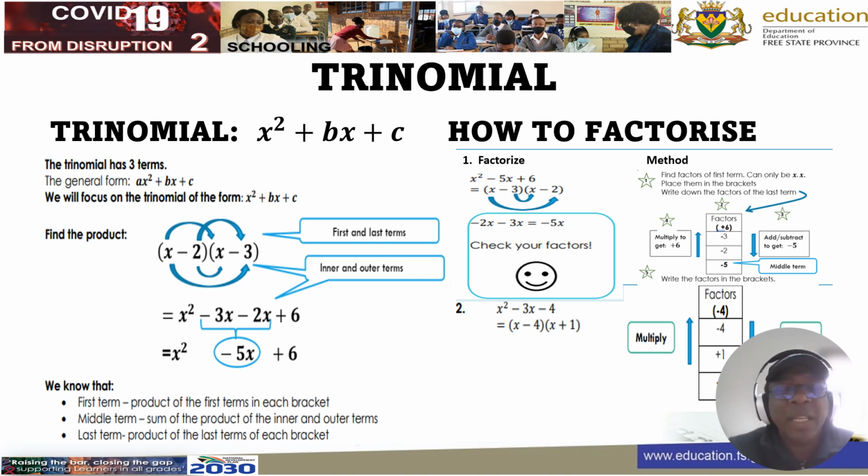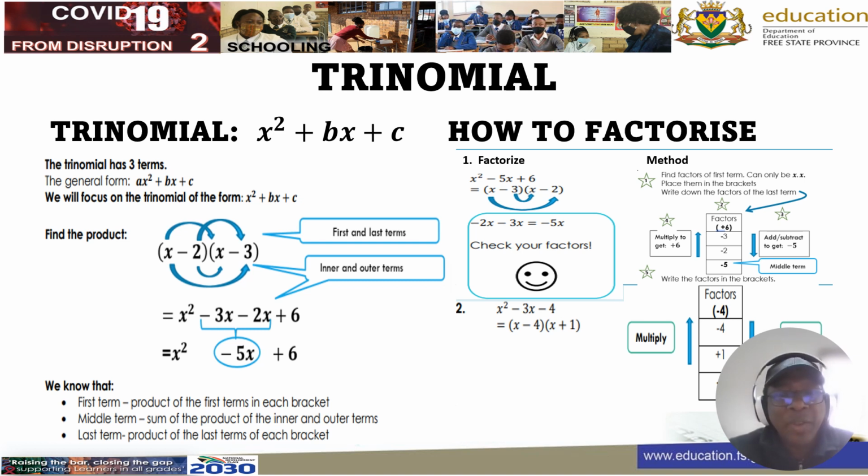The factors of the last term in this example are minus 3 and minus 2. But when you have those factors of the last term, they are negative numbers. Once we add them, they must give you the negative number, which is the middle term. Which means the factors of x squared minus 5x plus 6 will be (x minus 3) into (x plus 2). Those are the factors.